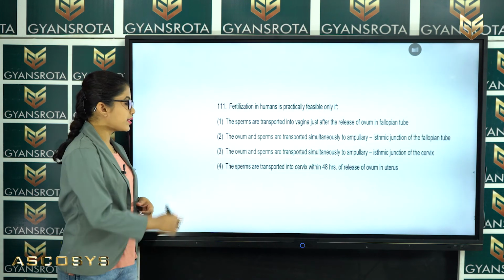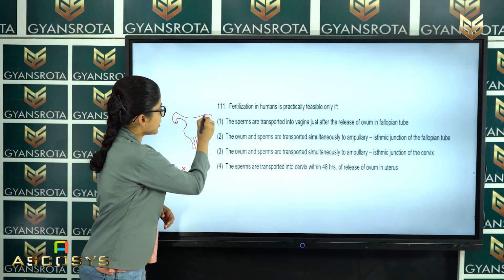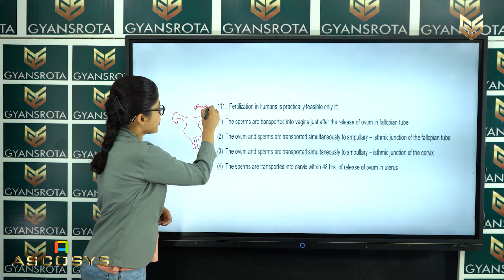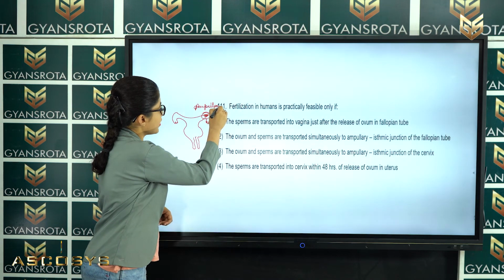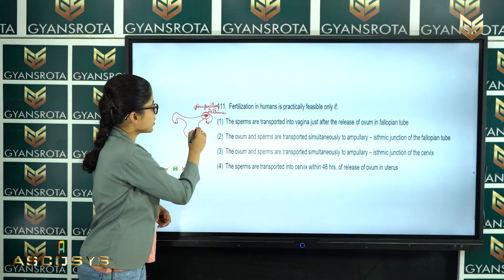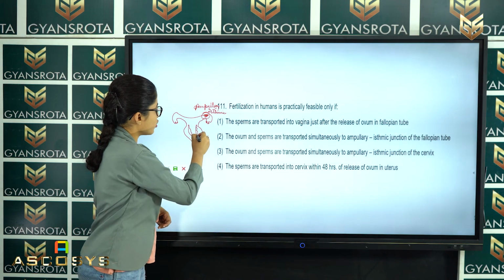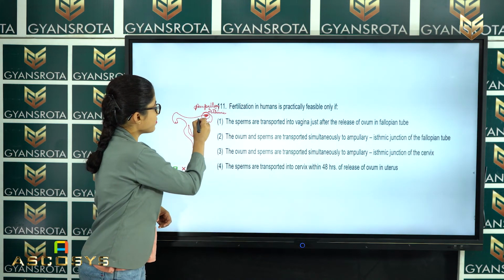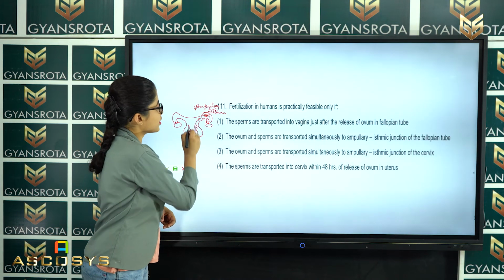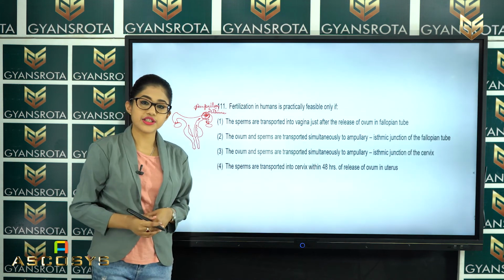You have remembered that region, so this region is called what? Ampullary isthmic region, right? So, ampullary isthmic junction is this portion, and after this what happened? This is the endometrium layer. So, the sperm come in contact here, and here the ovum gets transported to this region, and after that in this region the fertilization takes place.